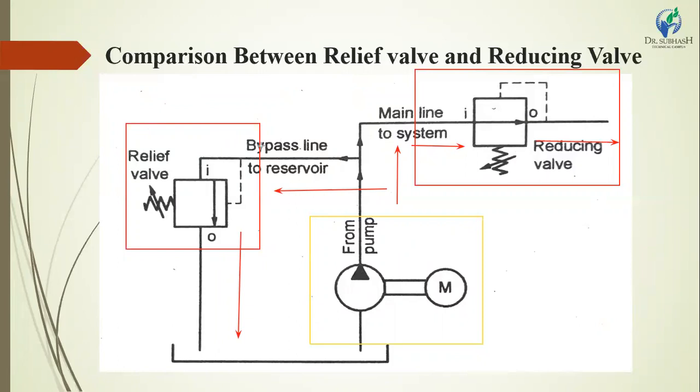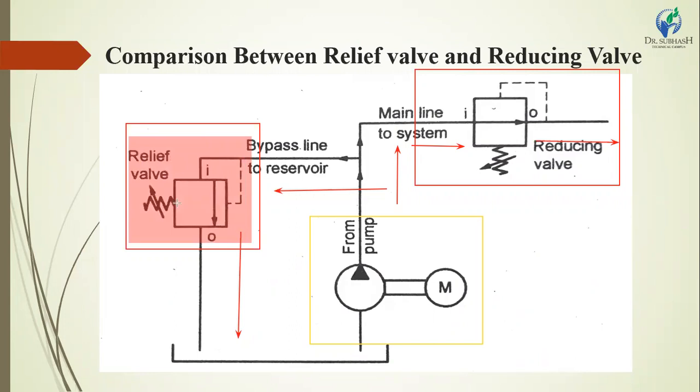In this condition, the whole of the hydraulic oil from the pump passes through the pressure relief valve to the tank. The hydraulic system at this time cannot work. So this valve is normally in a closed condition, not in a working condition.